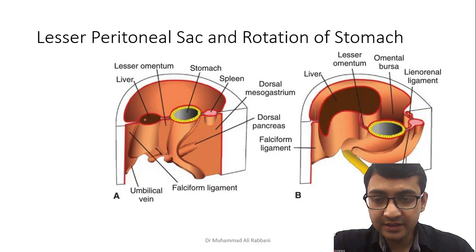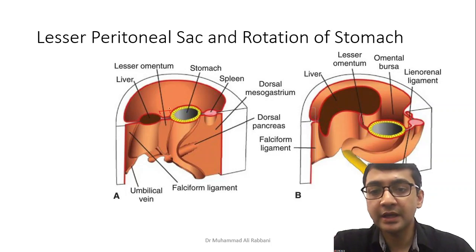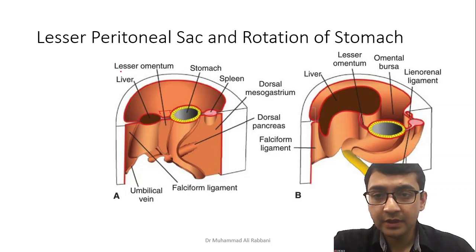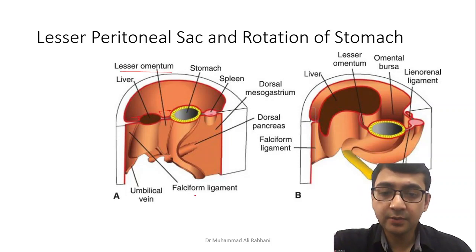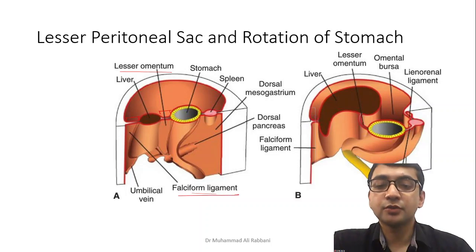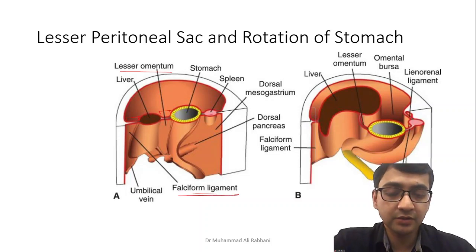Why? Because the liver divides the ventral mesentery into two parts. The part between the liver and the stomach is known as the lesser omentum, and the part between the liver and the anterior abdominal wall is known as the falciform ligament. So from now on in this lecture, I will be using these two terms rather than ventral mesentery.